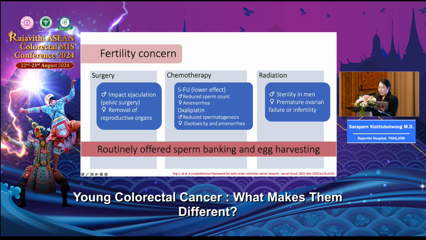From the data, only about one third of the patients talked about fertility before going to surgery, and half of the women became menopausal due to the treatment. So we suggest routinely offering sperm banking and egg harvesting before we treat this patient group.